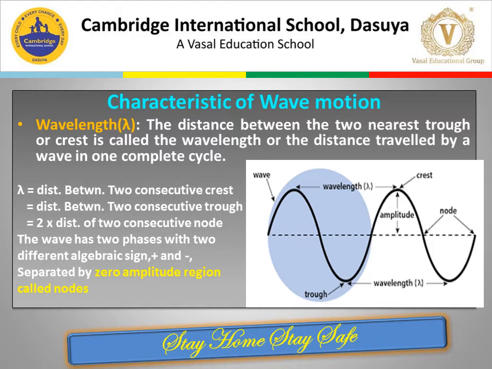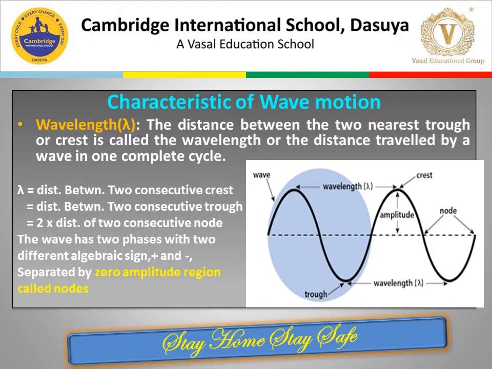Starting from the mean and reaching the mean again after moving through the positive direction, then the negative direction, and then the node again, that makes one complete cycle. So the distance traveled in this one complete cycle is the wavelength.